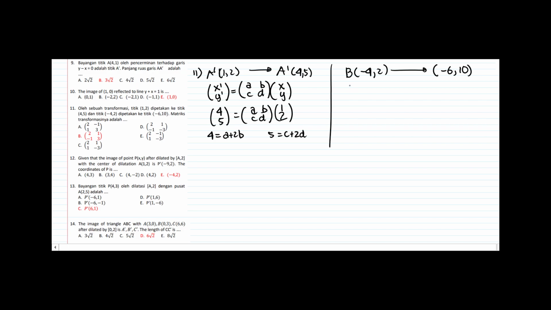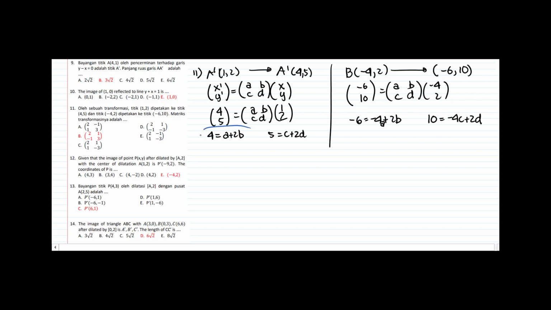For B, negative 6 and 10 equals A, B, C, D times negative 4 and 2. Negative 6 equals negative 4A plus 2B, and 10 equals negative 4C plus 2D.